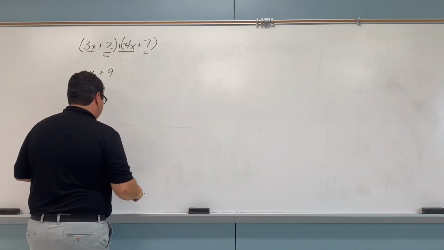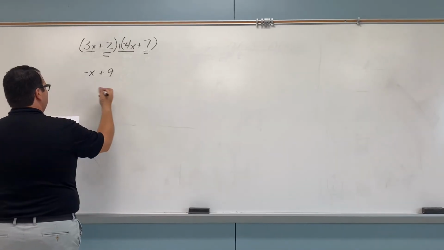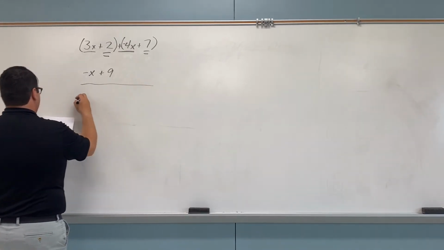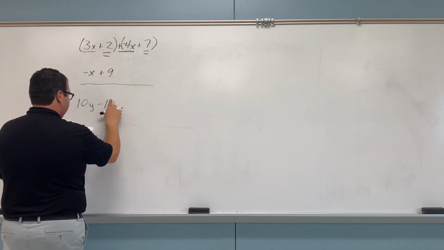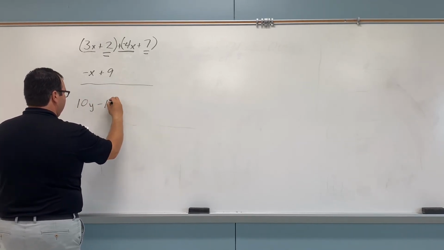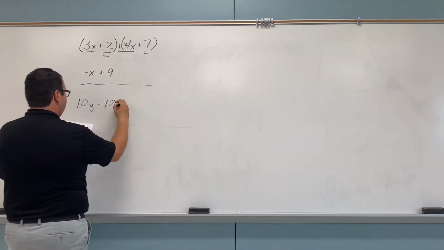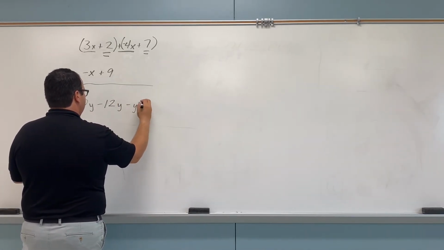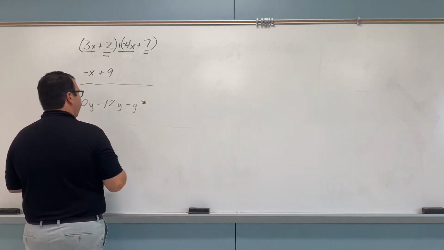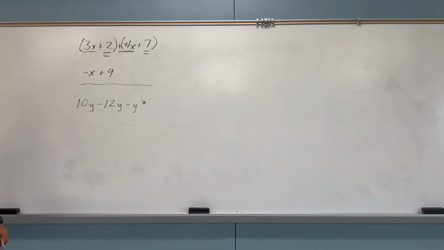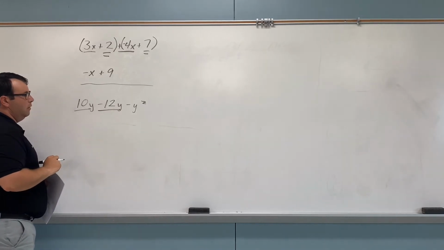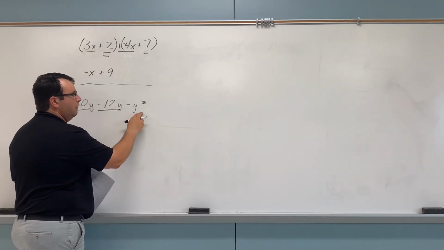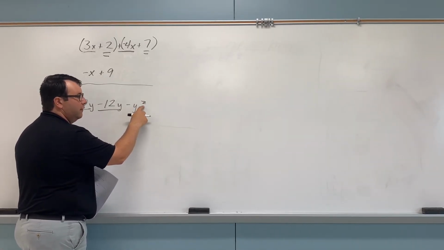Okay, now, let's try one more, and then we will get into a further set of examples. So I have 10y minus 12y minus y squared. Identify your like terms. I have 10y, I have a negative 12y. This y squared has a different exponent.